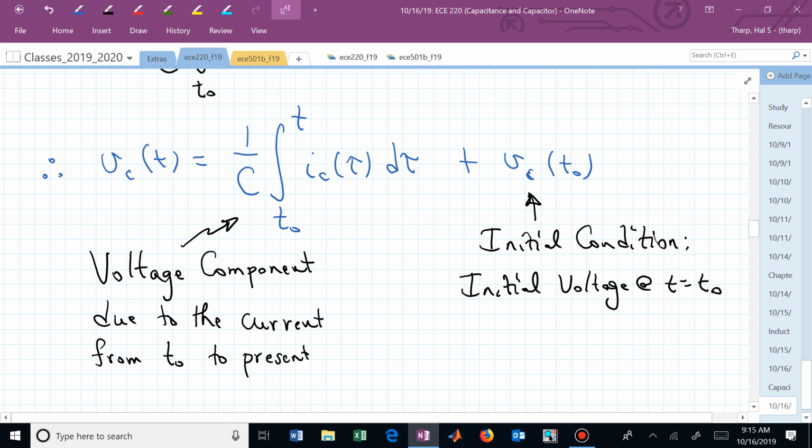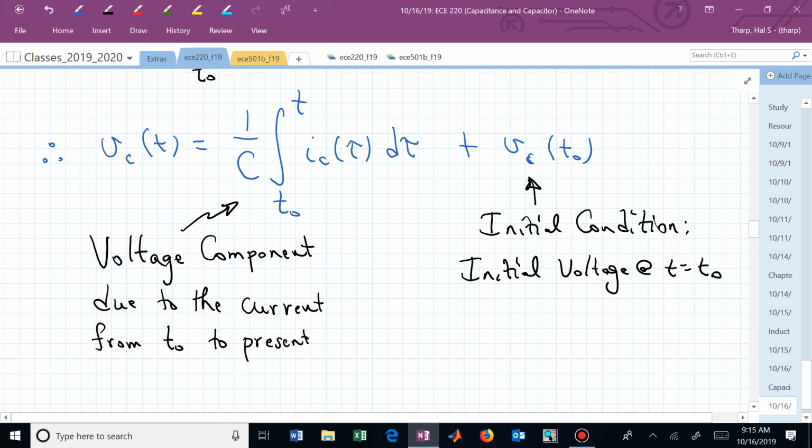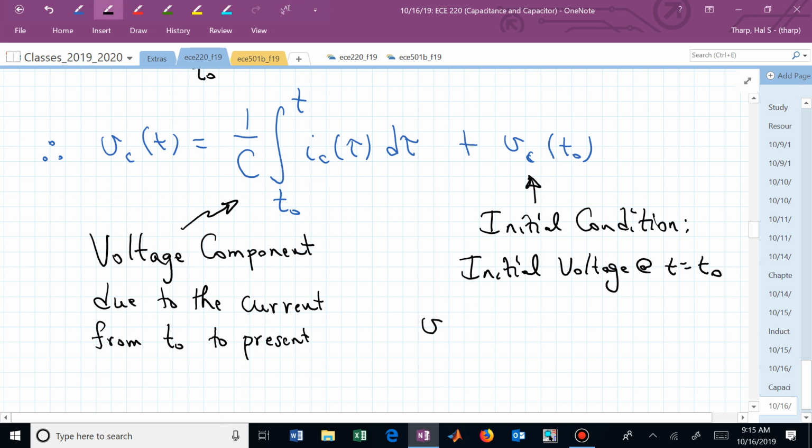If we knew that relative to the current, then we could tell you what the voltage is, but typically we just say, at this particular point in time, the initial condition on that capacitor is 2 volts. And then we tell you what the current is from that point on. But if we wanted to, we could still find this.